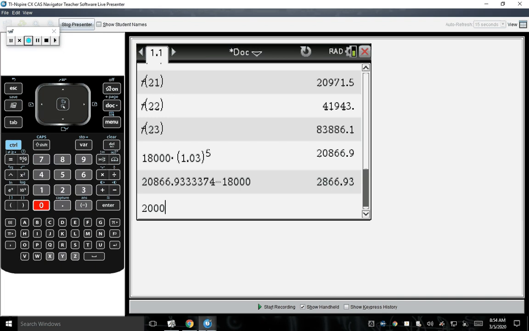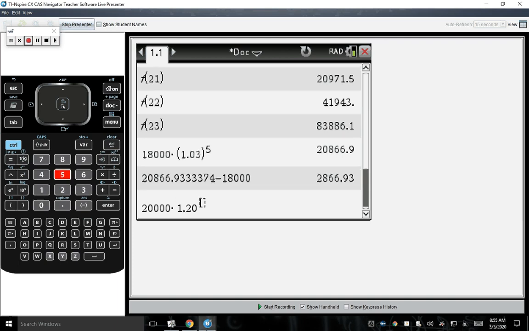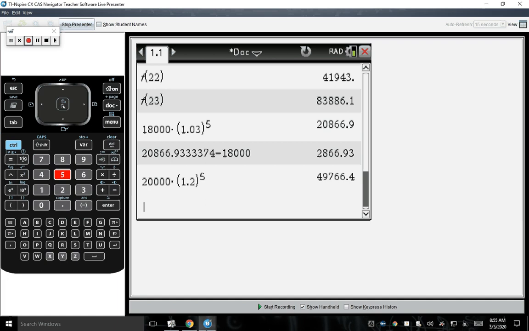So 20,000 multiplied by 1.20 raised to the power of 5, he paid $49,766 for a car that was only worth 20 grand. Luckily, he was saved by the Marine Corps and whatnot, as far as the fraud that they were trying to commit on this brand new teenager, but that doesn't work with everyone.